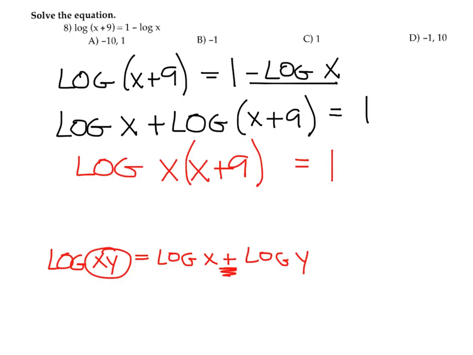Now what can I do? Do you remember what base the log is if it's not written? 10. Okay, so if we put 10 in there, now do you remember how to go from the log form to the exponential form? What number goes down first?